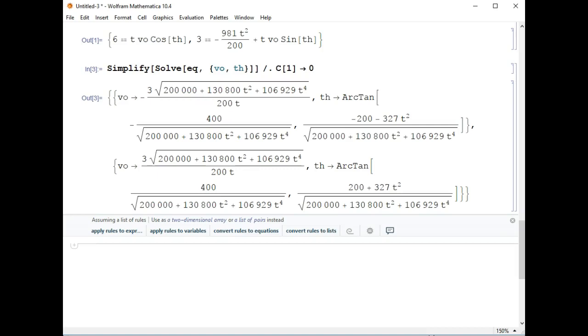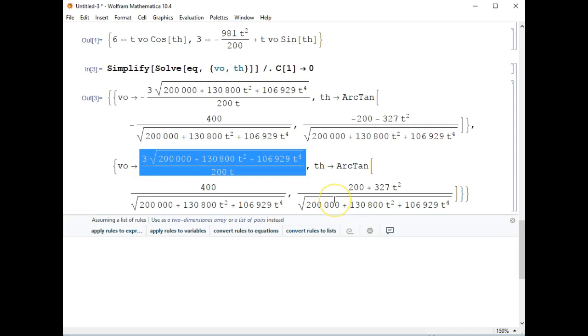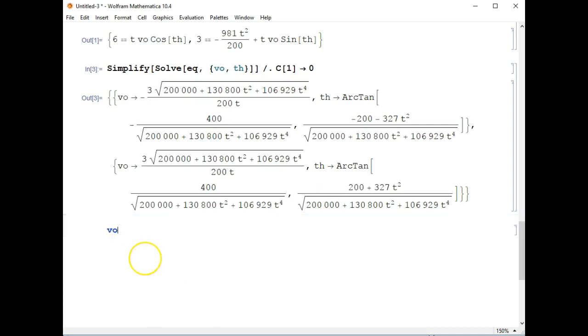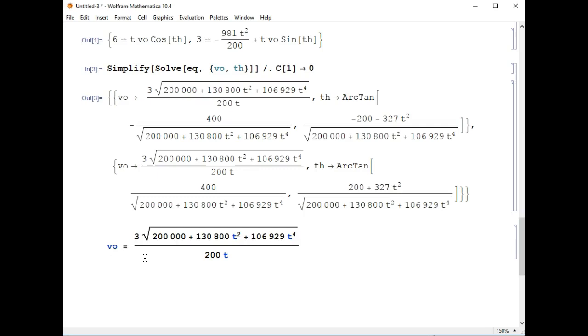Well, let's see, this one probably is the one that's positive, right? So we're going to start with this guy. And we'll come down here and say VO. I mean, this is ridiculous. This is way too hard. But anyway, we'll paste that in. And now you have VO in terms of time rather than TH, right?